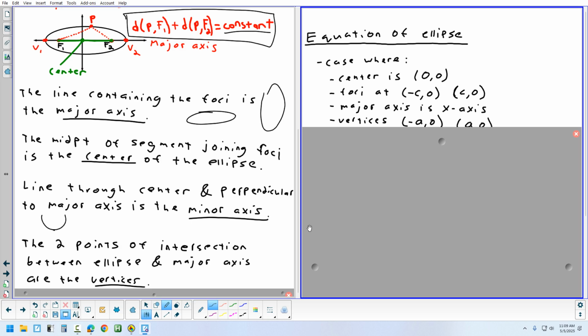When we write the equation of an ellipse, there are three letters that come into play: A, B, and C. Each letter is going to tell you something about the ellipse. And out of those three letters, two of them are going to be in the equation of the ellipse.